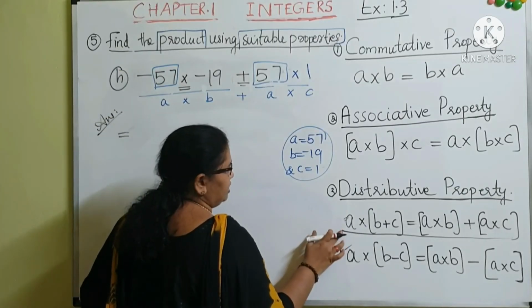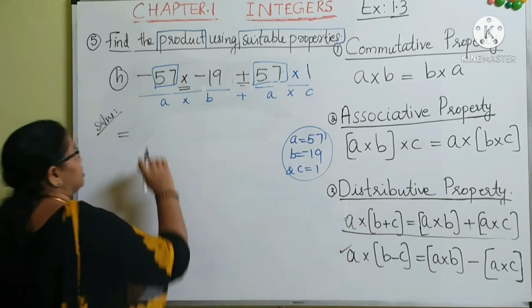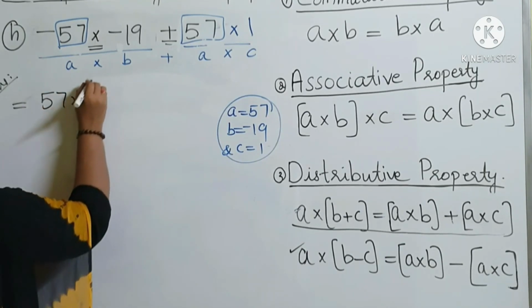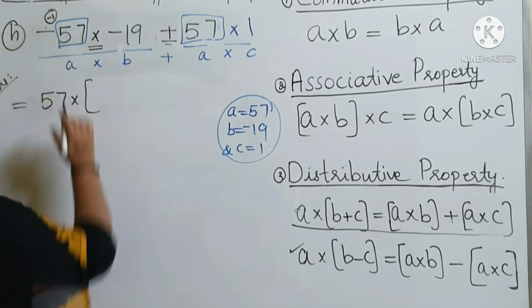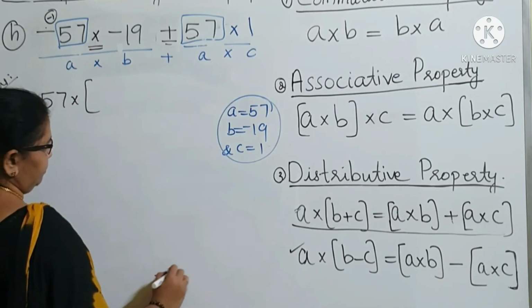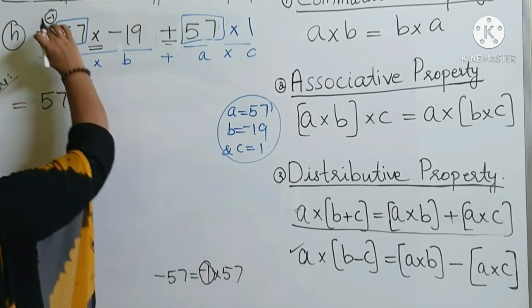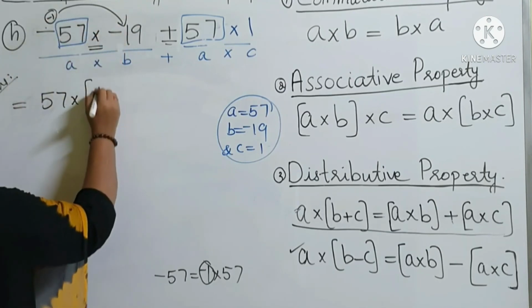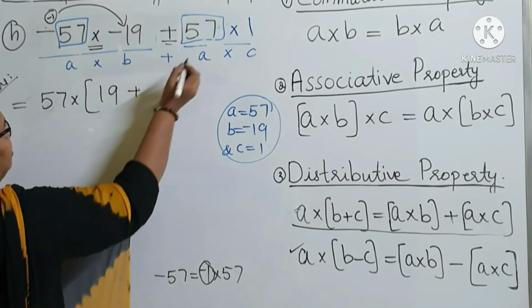What is this LHS? A into B plus C. So take the common factor A outside. Which is the common factor here? 57 into. Then this negative, this will be negative 1. Negative 57 is negative 1 into 57. So negative 1 is remaining here. So this negative 1 into negative 19. Negative into negative is positive. So 19 plus 1.